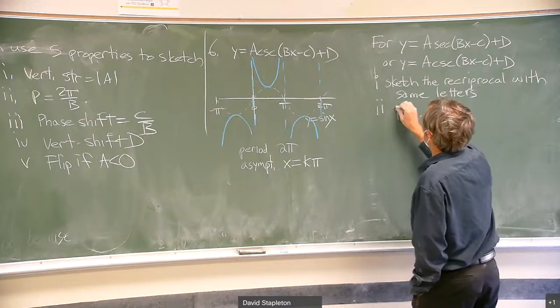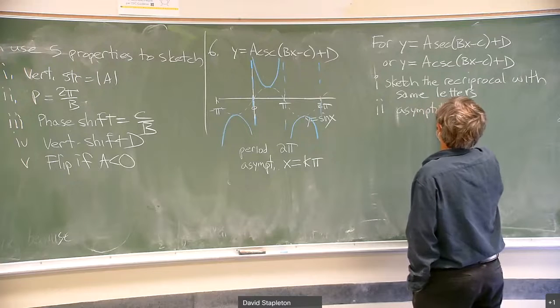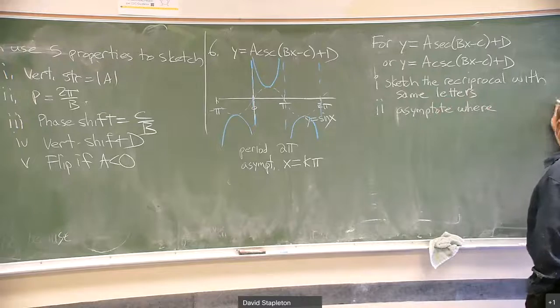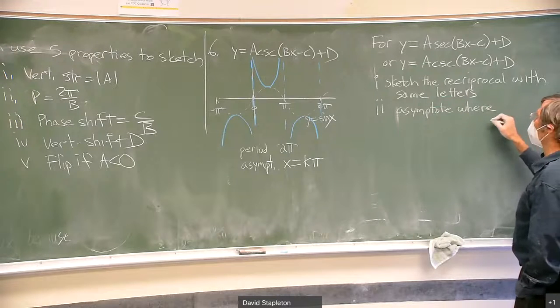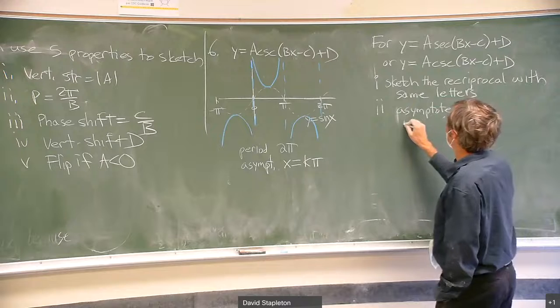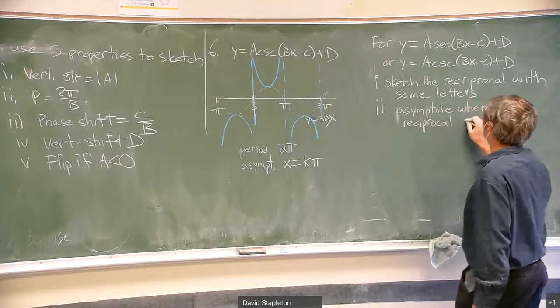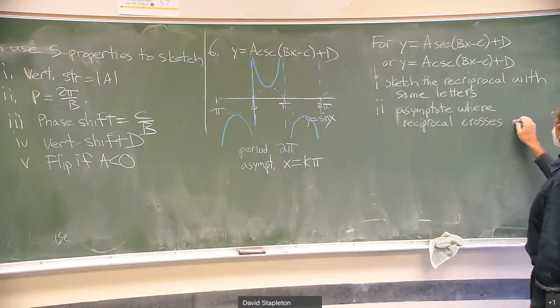Two, put an asymptote where the reciprocal has an x-intercept, crosses its midline. Just like we do there in the basic function.